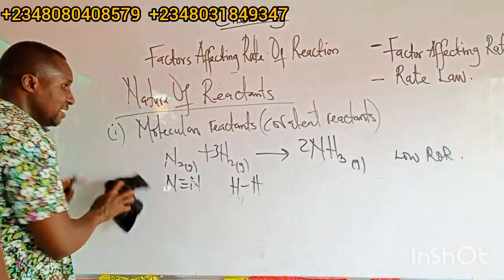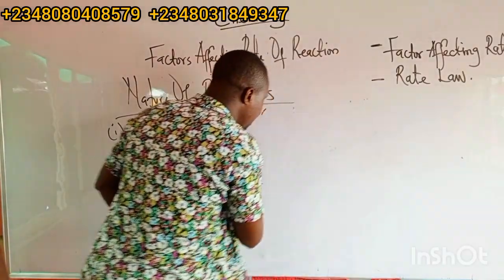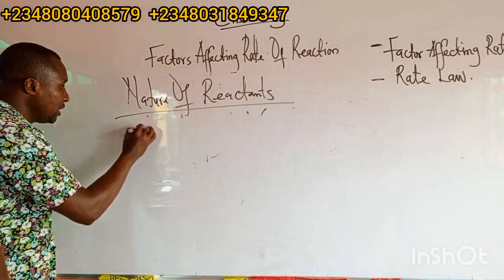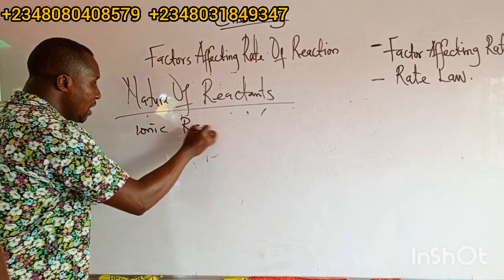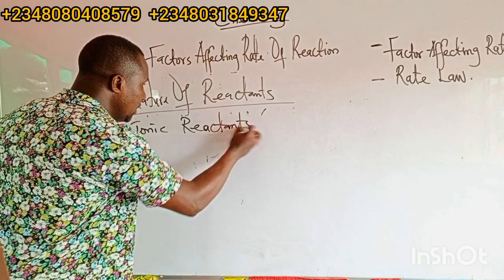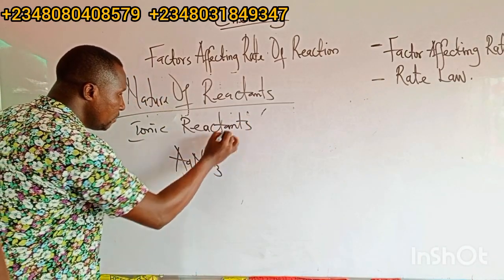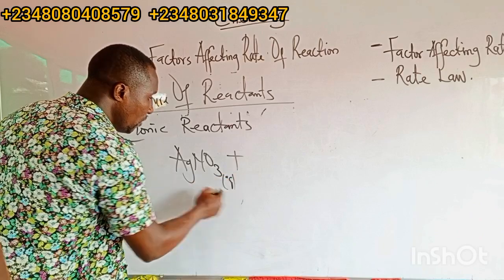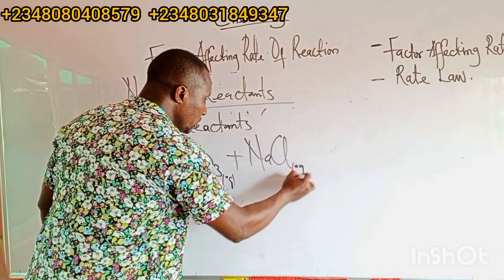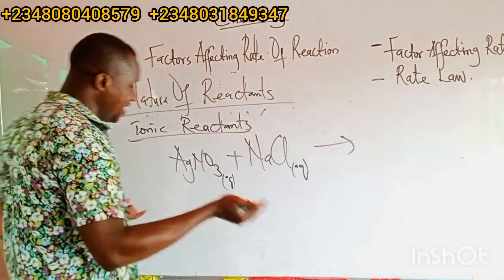Example of that, under nature of reactant: when you have ionic reactants, in which you have silver nitrate aqueous and sodium chloride aqueous. In this case, both of them are ionic reactants.